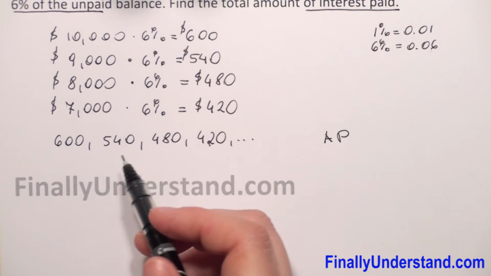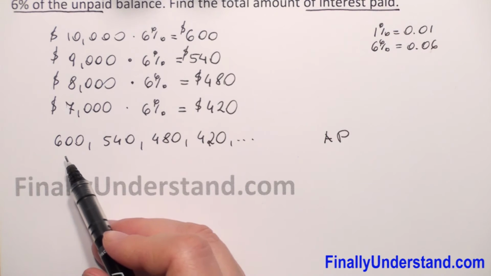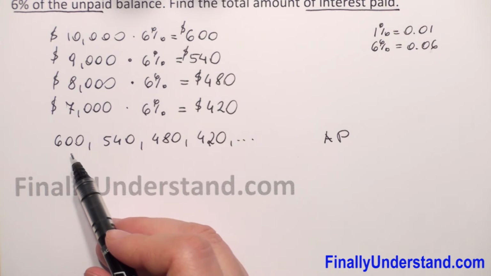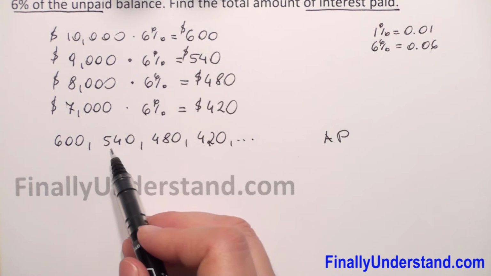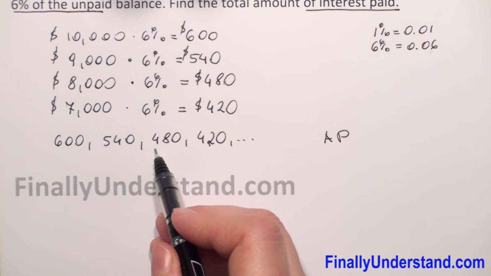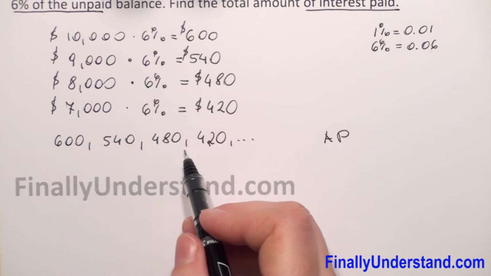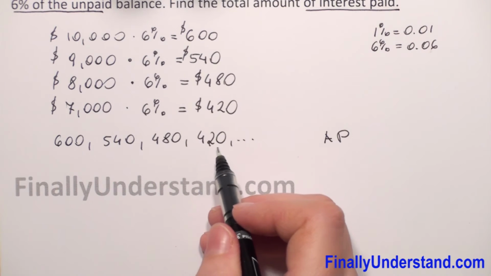Why? Because every term after first is found by subtracting 60 from the previous term. 600 minus 60 give me 540. 540 minus 60 give me 480. 480 minus 60 give me 420.